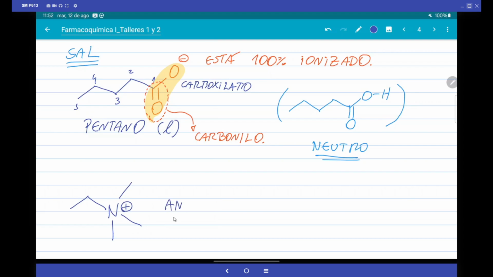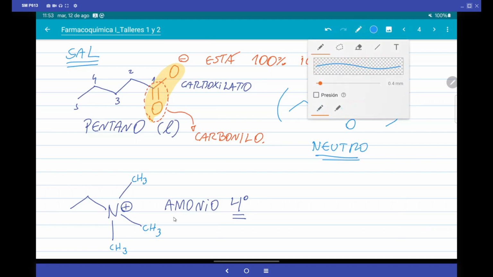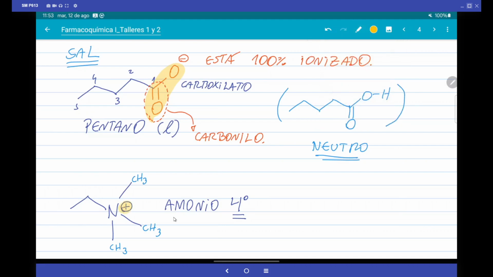That is a quaternary ammonium. Quaternary, because it has 4 carbons together with nitrogen. It has a methyl, methyl, and methyl. Quaternary ammonium cannot lose its charge because it is always positive. To lose the charge, it would have to lose a methyl and recover the electronic pair, and that is not going to happen spontaneously.